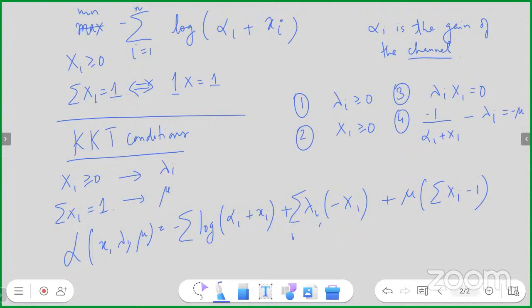So I could essentially write lambda is equal to simply minus of this, 1 by alpha I plus xi plus mu, and put it back into 3 so that I get rid of 2 variables. And then I can start working with this one variable.